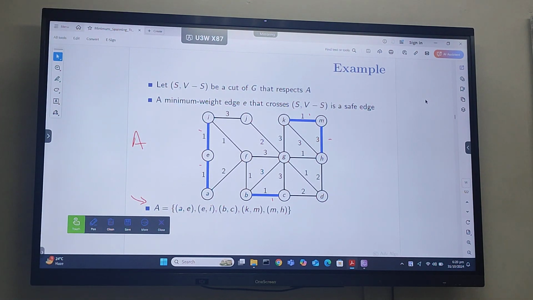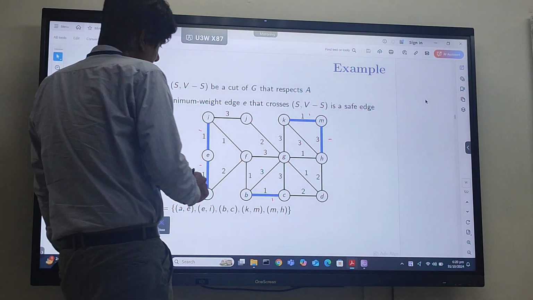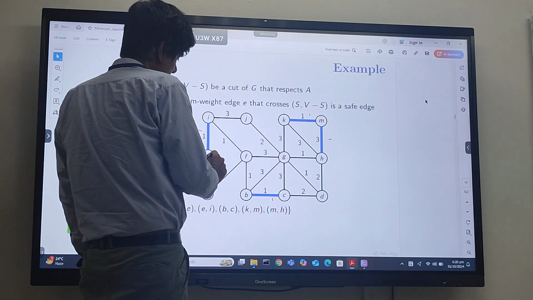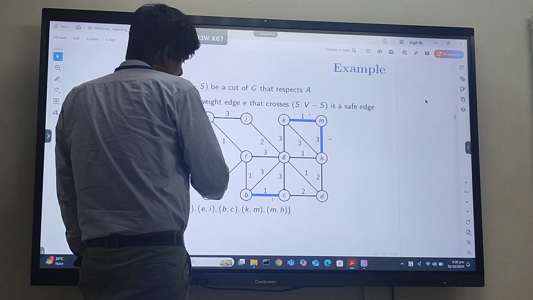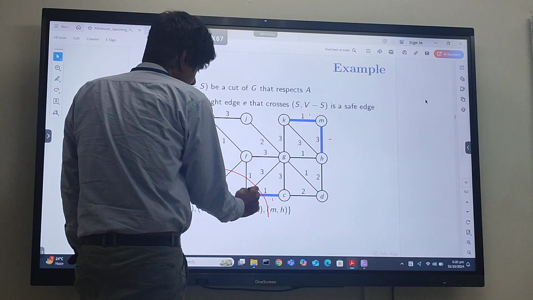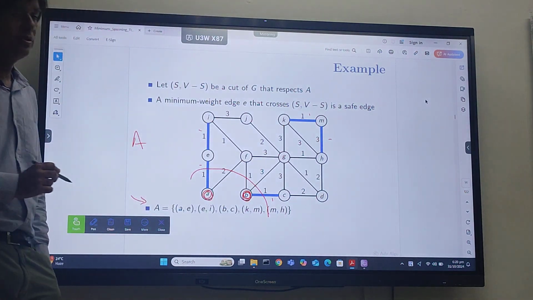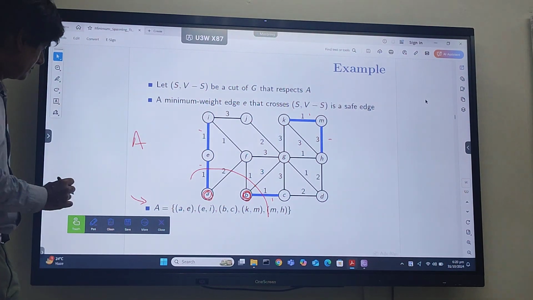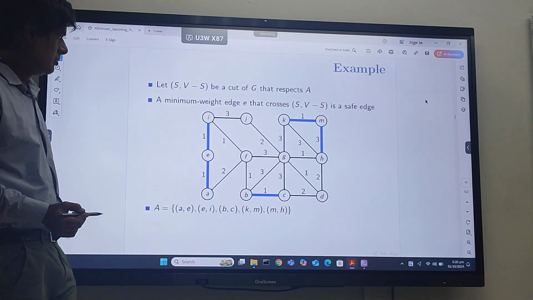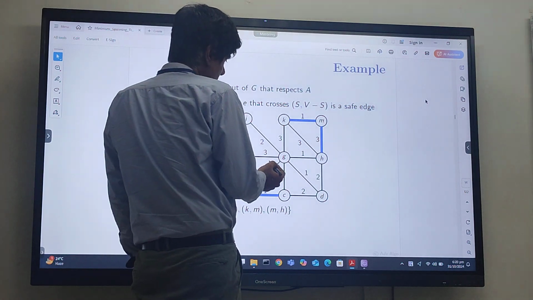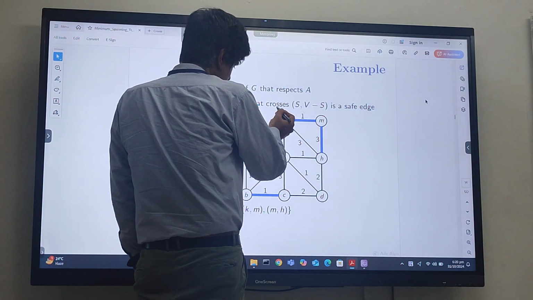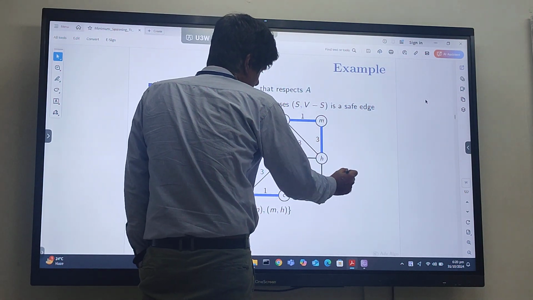Now we need to choose a partition so that it respects A. So can we, for example, do a partition like this? No, because it is not respecting A. There are many possibilities, but one possibility is that we do the cut like this.